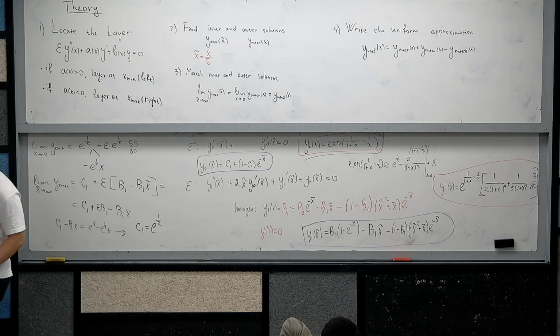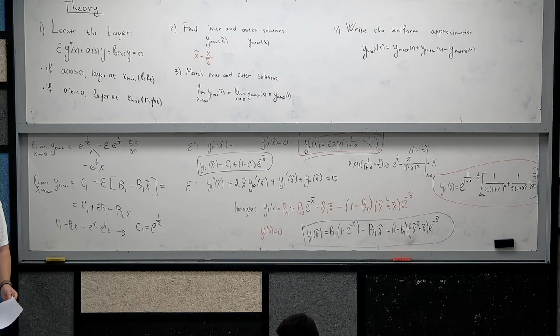Just a second. Yeah, I see. There is no B1x because we are talking about the leading order of epsilon.